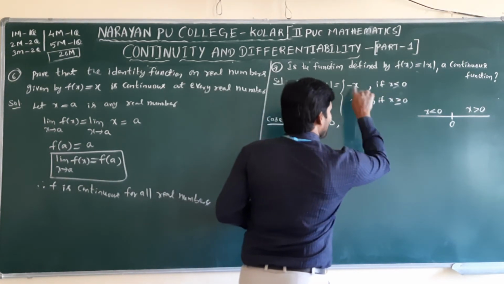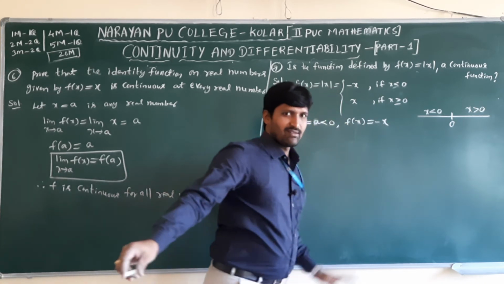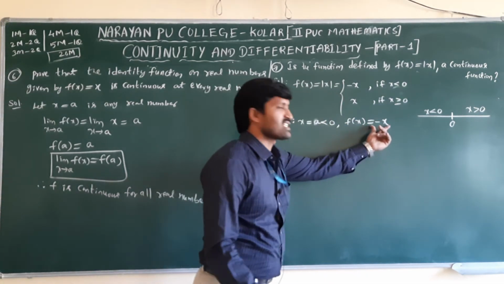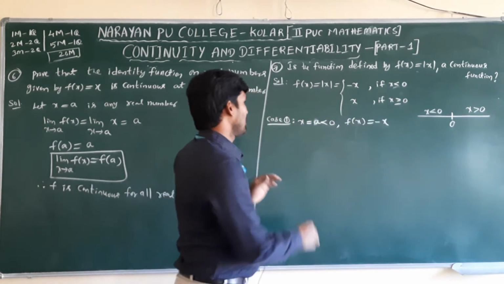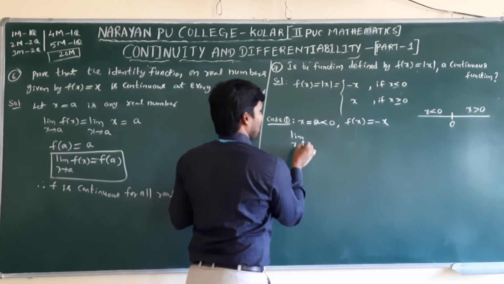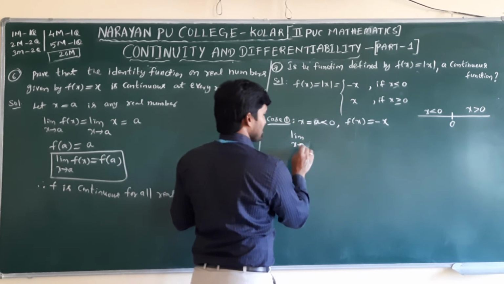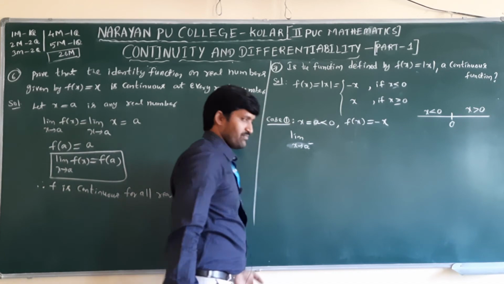At less than 0, what is the function? Only a single function is there. This function we need to check for continuity. Single function here, no restrictions for this. That's why here we will take limit x tends to a, or you can take limit x tends to a minus.